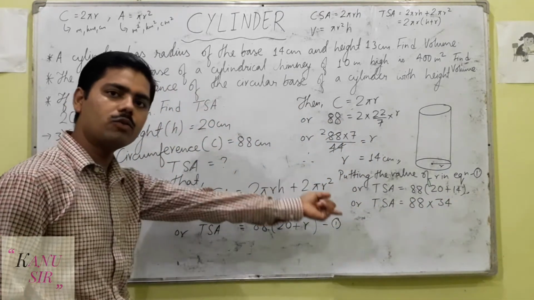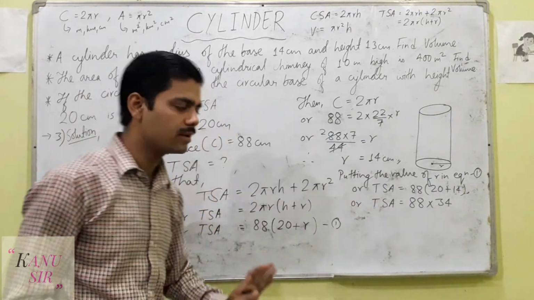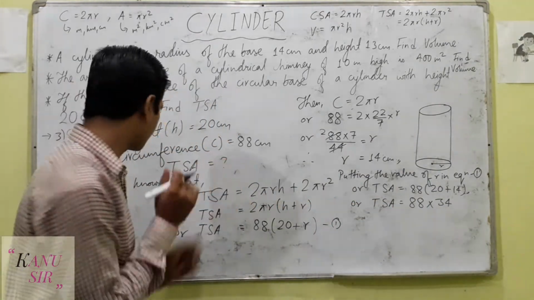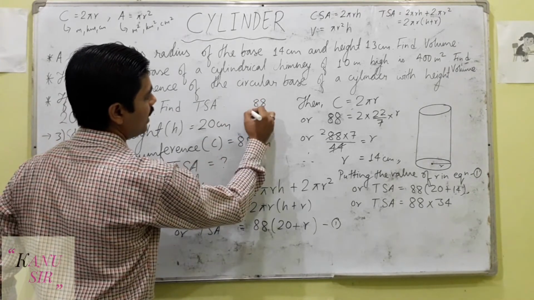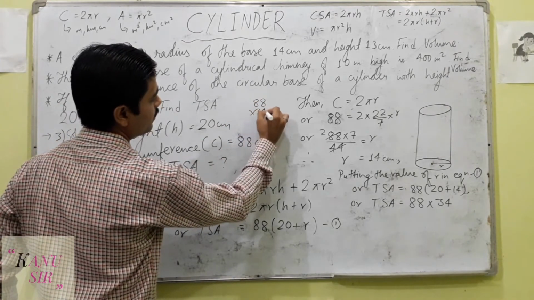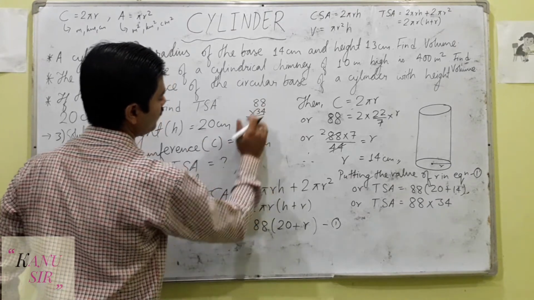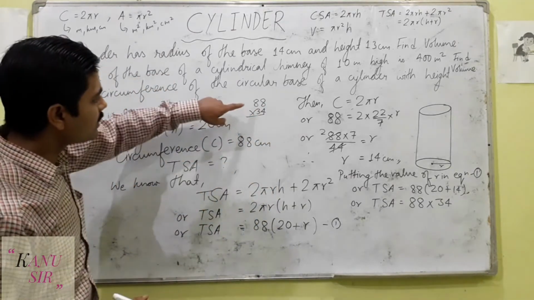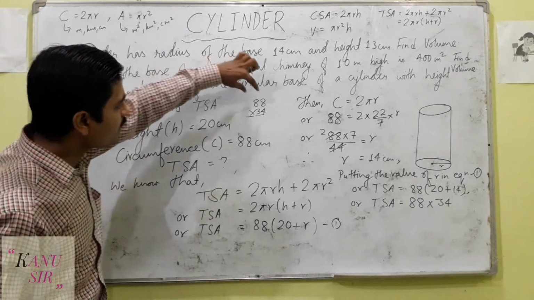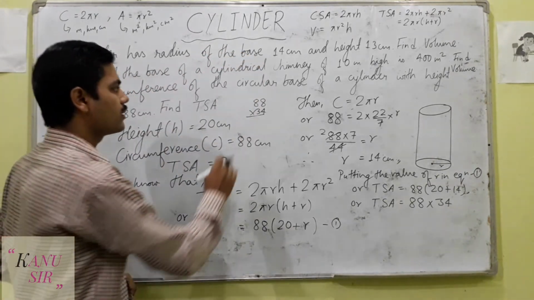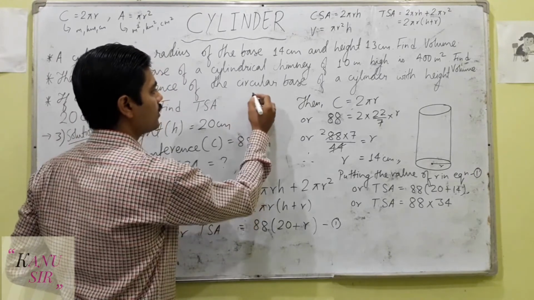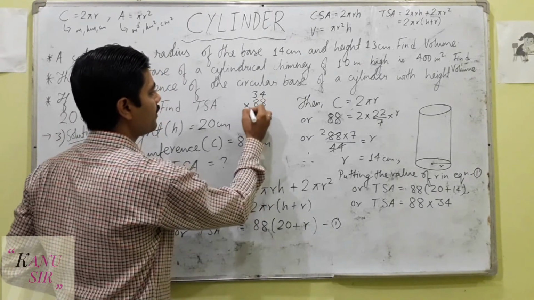After that you can use your calculator and get your answer, but I suggest let's multiply ourselves. 88 times 34. While you multiply in this form, if you get a number having the same digit, then you can reverse it. You can do 34 multiplied by 88.